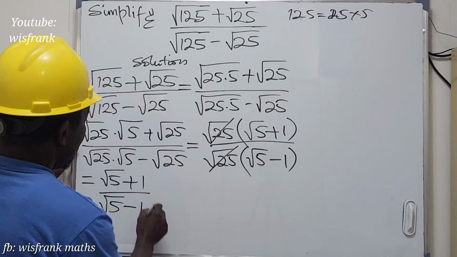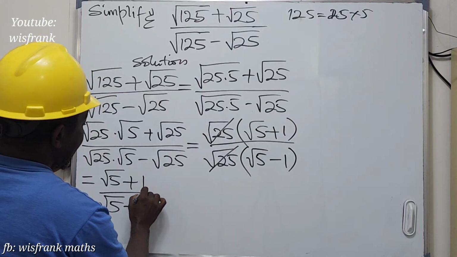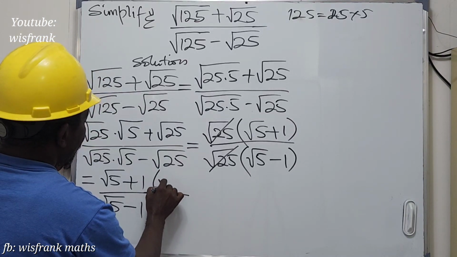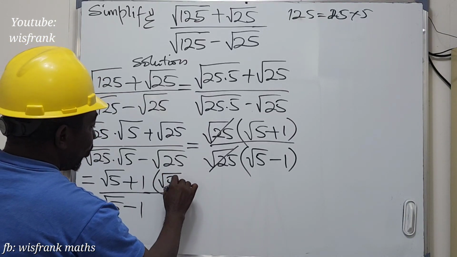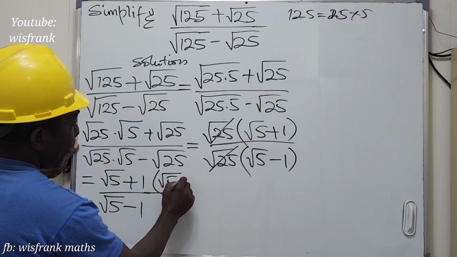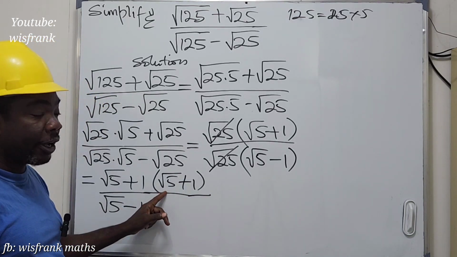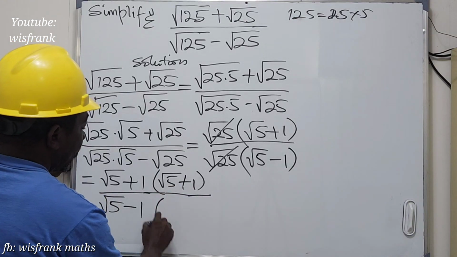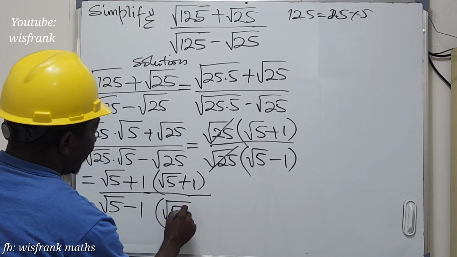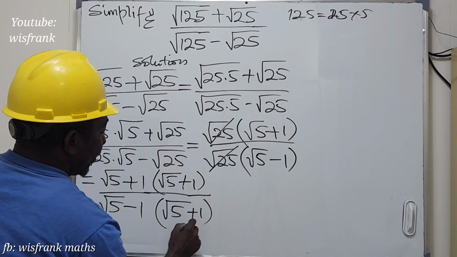The conjugate of the denominator is the square root of 5 plus 1, so we are multiplying both numerator and denominator by the square root of 5 plus 1.